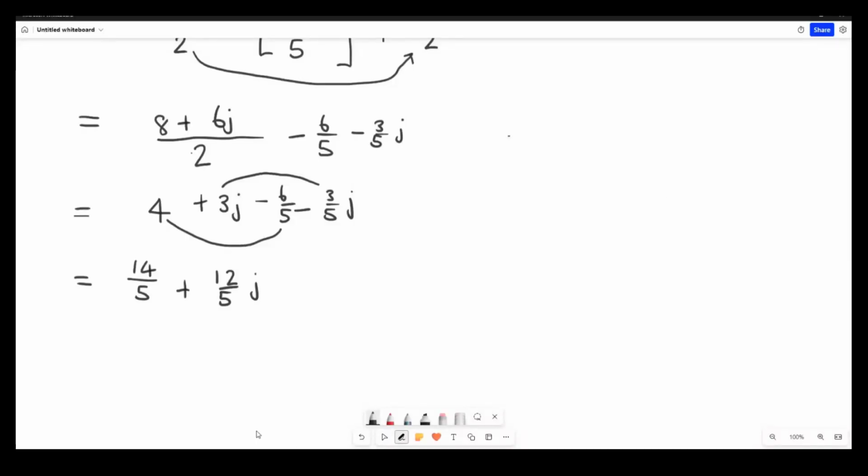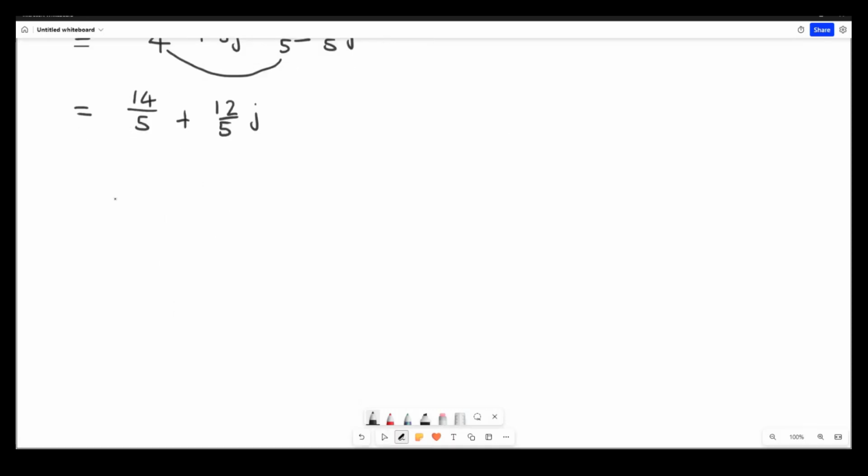For number C, you have to write it in the form a plus bj. I use j instead of i.